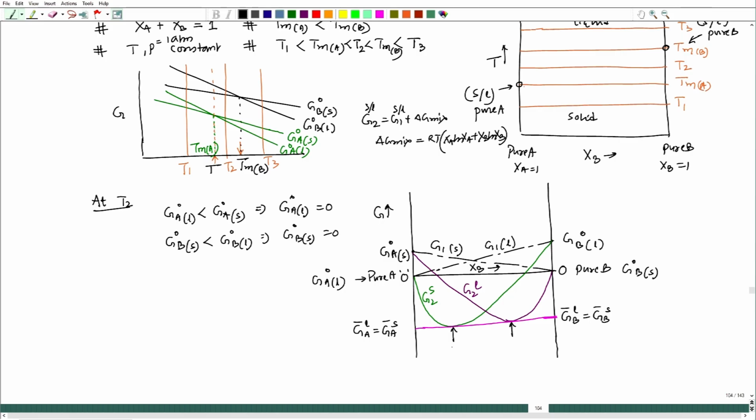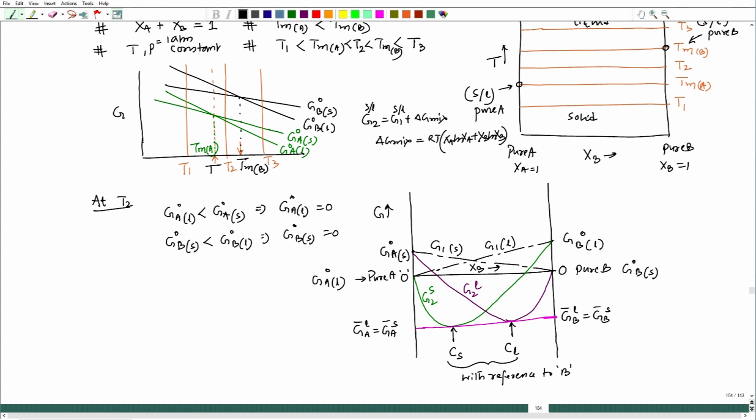So, this is the composition. Let us say this composition is C solid and this is C liquid, and remember this is with reference to B. So, both the compositions are with reference to B, which means those are actually XB.